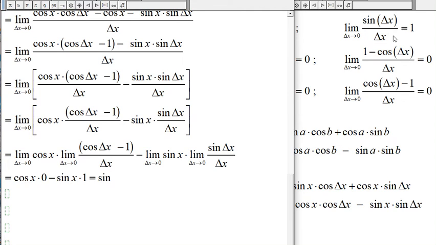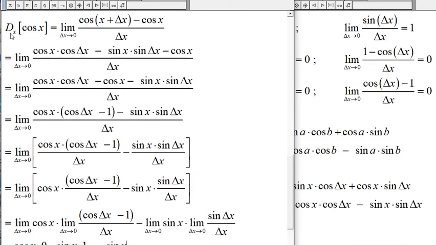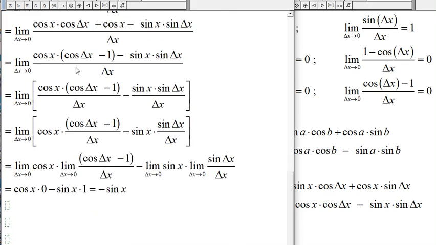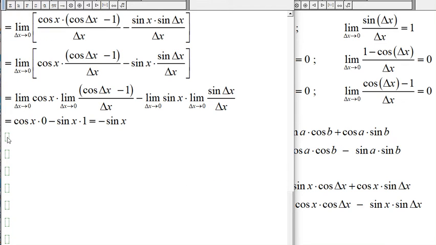So the final answer is negative sine of x. So the derivative is equal to negative sine of x. So the derivative of sine of x is cosine of x, but the derivative of cosine of x is negative sine of x.